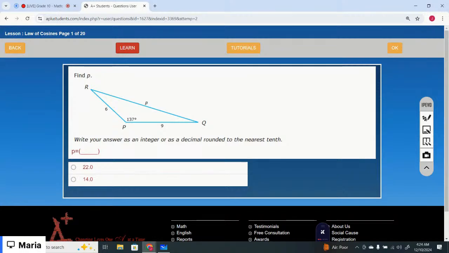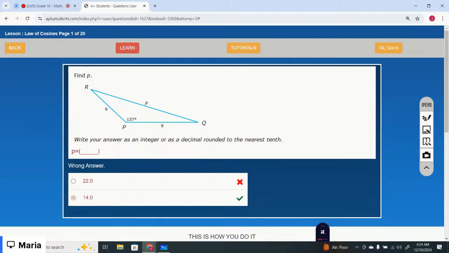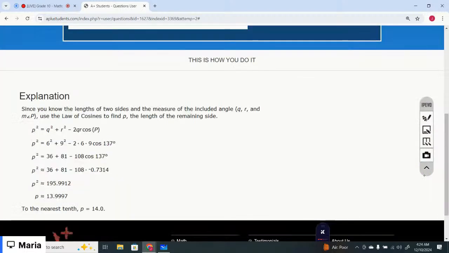You have square root of 38.0, but that is again not the correct one, right? The correct option is 22. Option number 1 is the correct option. I'm just guessing, right? Because I can't get the right answers. So you have 14, right?